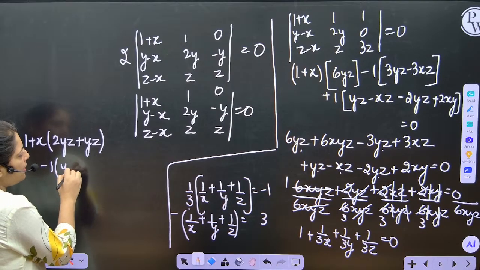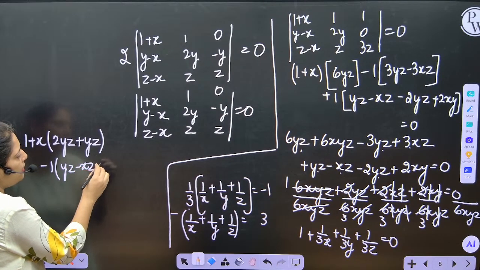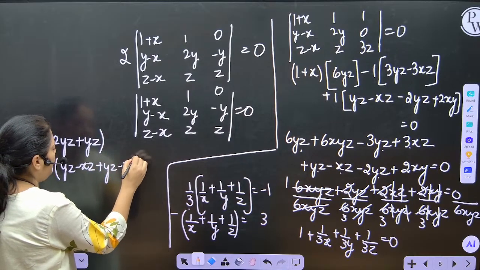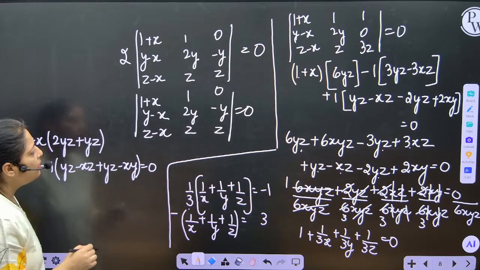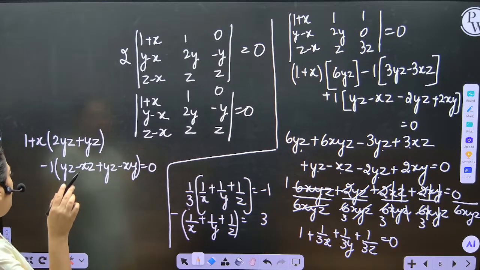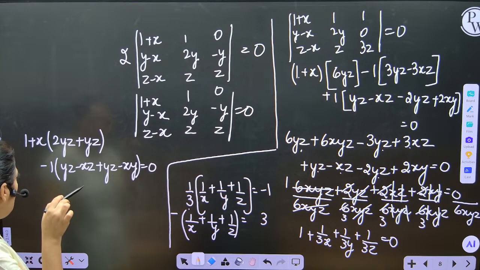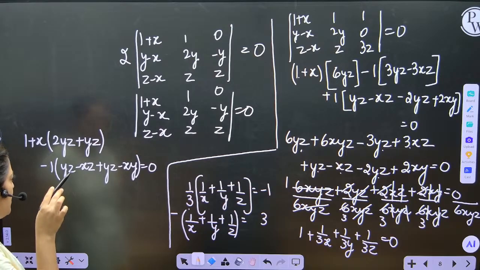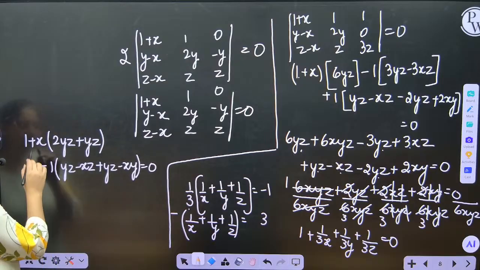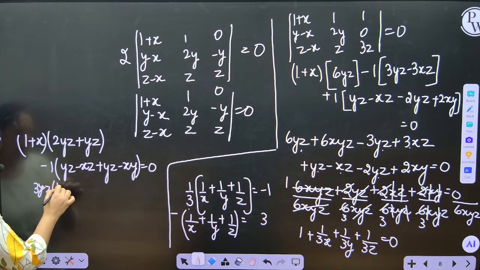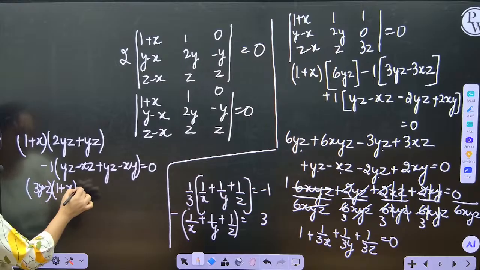Now yz minus xz plus yz minus xy. 2yz minus minus plus, minus 1 times (yz minus xz), minus minus will become plus yz. Yes, correct. Now this is nothing but 3xyz. 3yz is getting multiplied with 1 plus x.